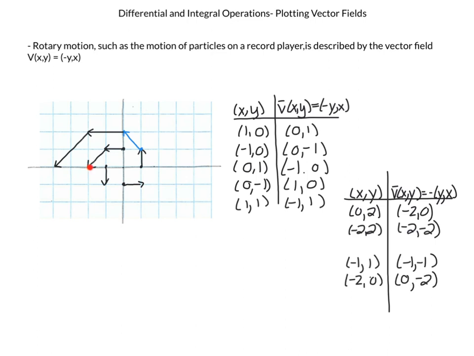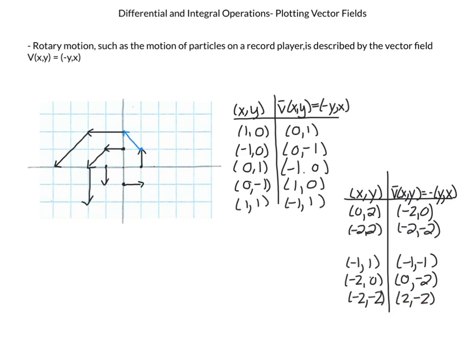So my next starting point is going to be x equals -2, y equals 0. Plugging this in, I'm going to get 0, -2. So 0 in the x direction, -2 in the y direction. So it just points straight down 2 units. And then I'm at the point -2, -2, and my vector there is 2, -2.